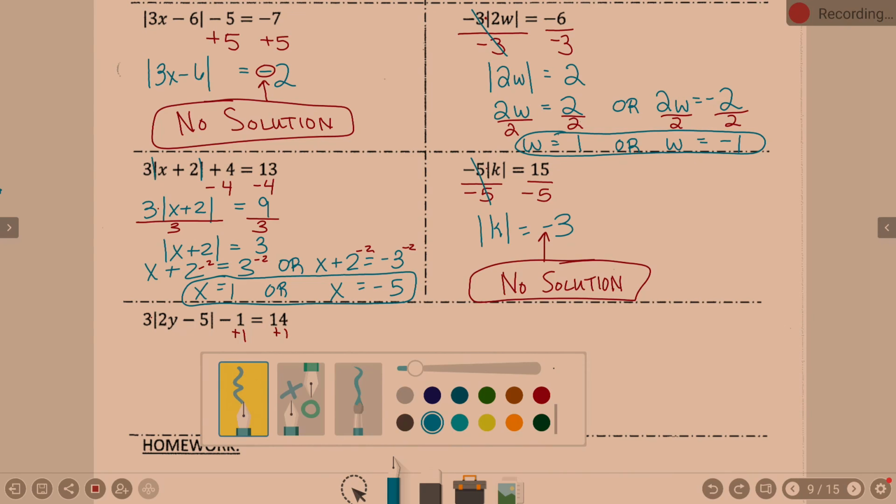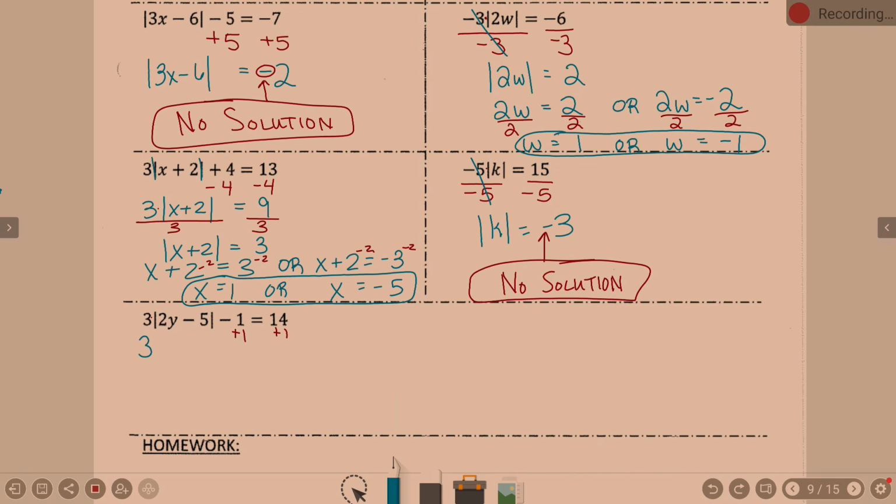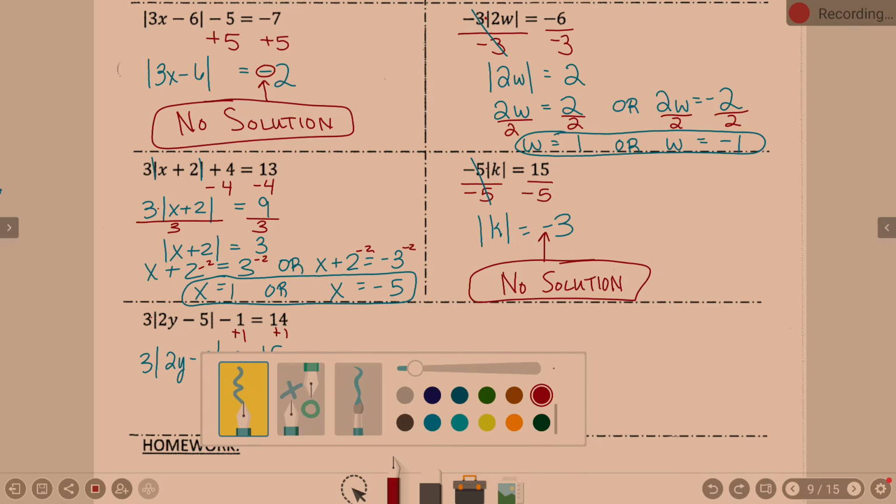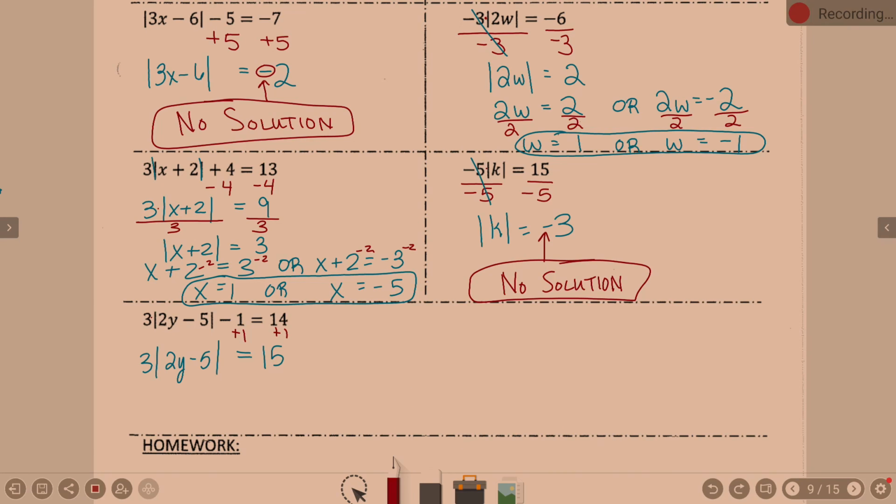Okay, so let's add the 1. Try this again: 3 times the absolute value of 2y minus 5 equals 15. We got rid of the 1. I still need to get rid of the 3. If it's 3 times this, we're going to divide by 3.